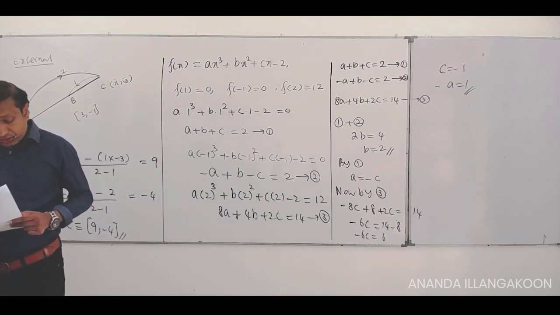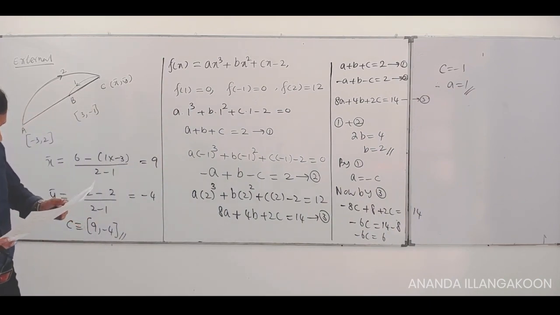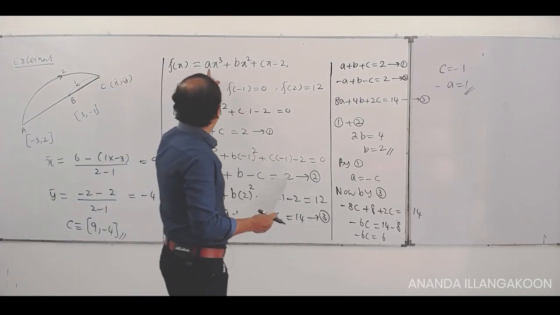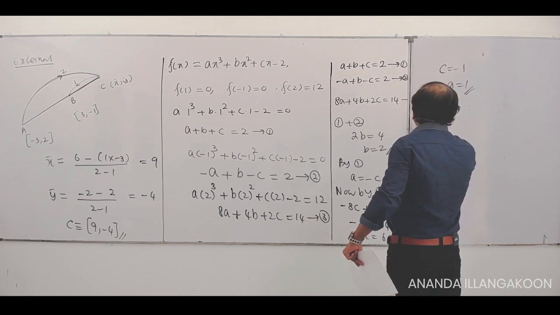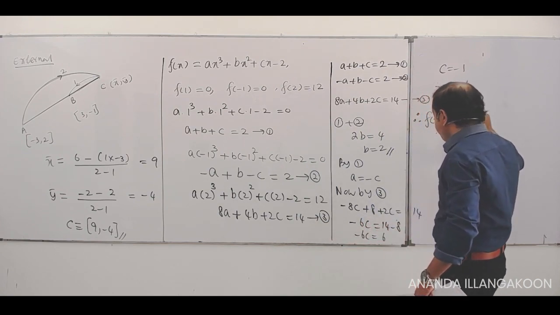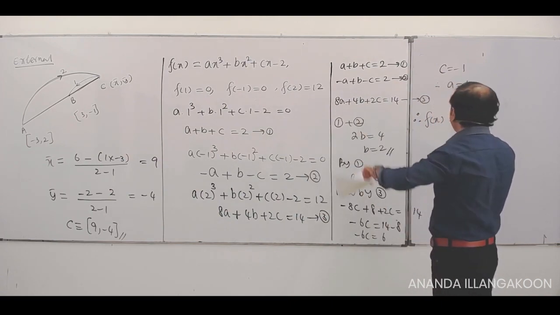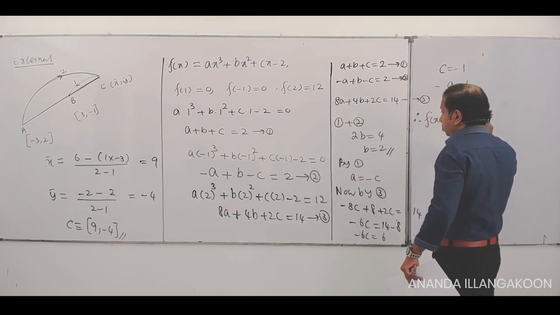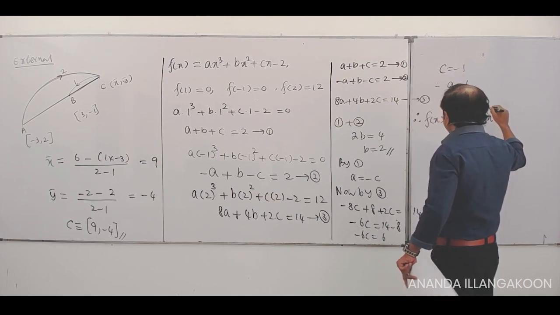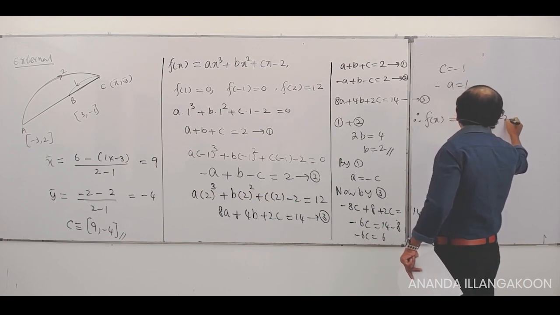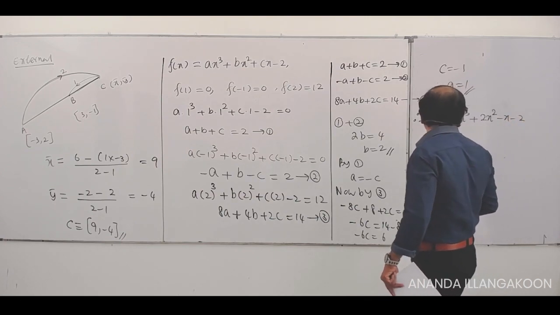Right, now what is asked next? Also express f(x) in the form of product of linear factors. Now I can substitute for this a, b, c in f(x). Therefore, f(x), we can write a is 1, therefore x cube, b is 2, 2x squared, c is minus 1, minus x minus 2. Right.